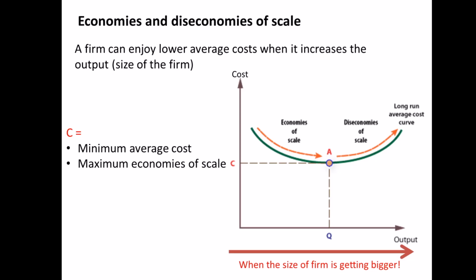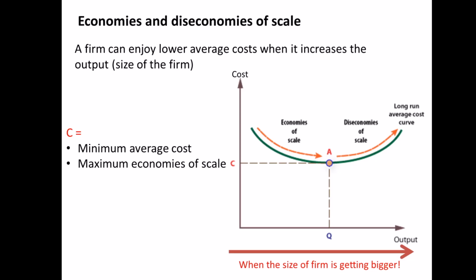Here is the very basic average cost curve that you will see in your economics textbook or business textbook. Once again, look at the axes: the y-axis is talking about the cost, so it's the cost axis, and the x-axis is talking about the output.